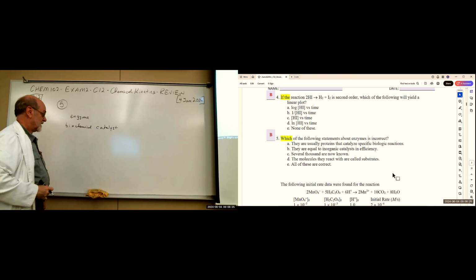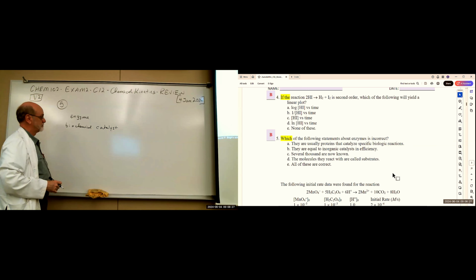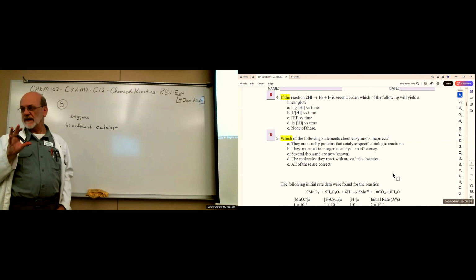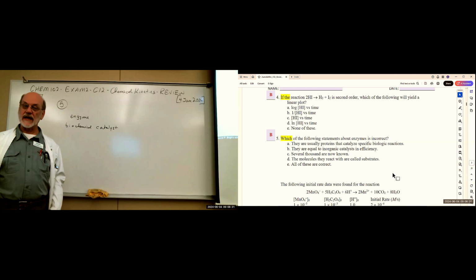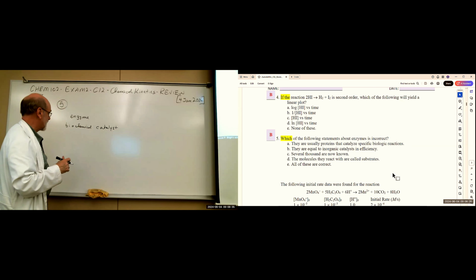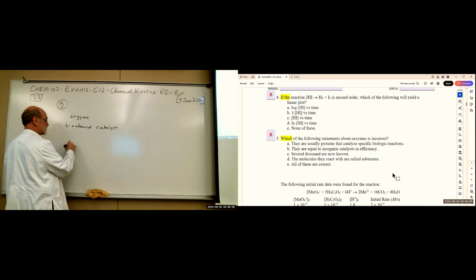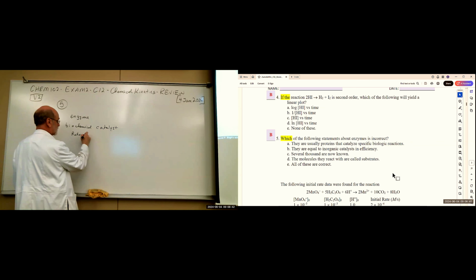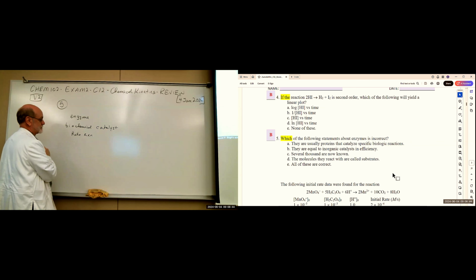All right. But it has some special differences with inorganic catalysts. Enzymes do increase the rate of reaction.